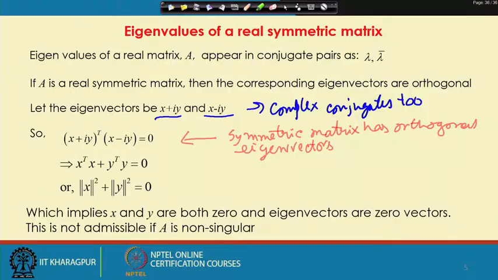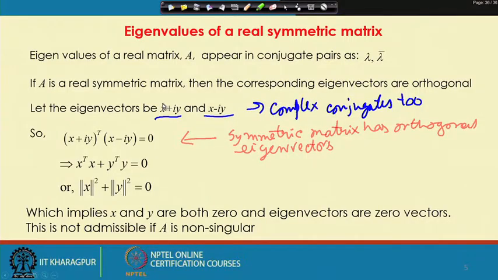So, this is not admissible. We cannot have eigenvectors which are x plus i y and x minus i y.